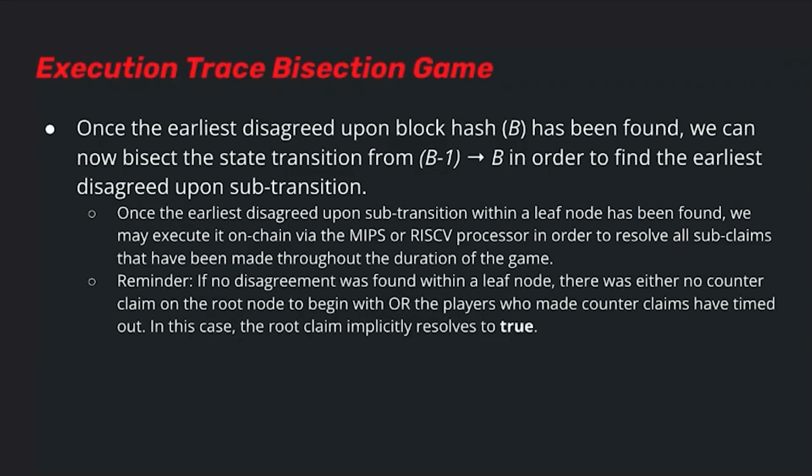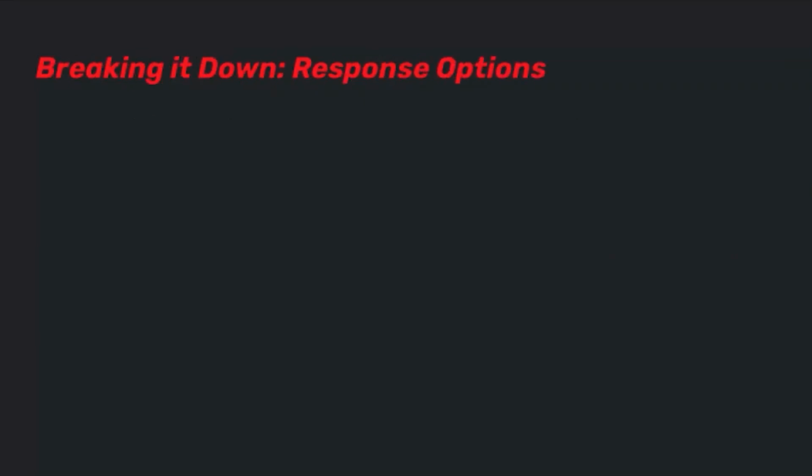I guess that should be counterclaims. It's a better terminology. But a reminder, if no disagreement was found within a leaf node, there was either no counterclaim on the root to begin with, or the players who made the counterclaims have timed out. In this case, the root claim will always implicitly resolve to being true.